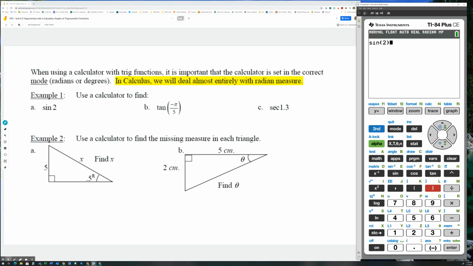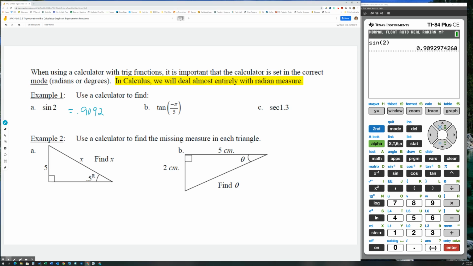We'll enter 2, and the value for sine of 2 radians is 0.9092. So we'll say this is equal to 0.9092.